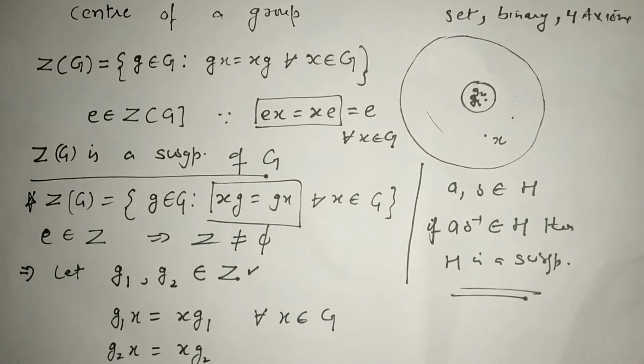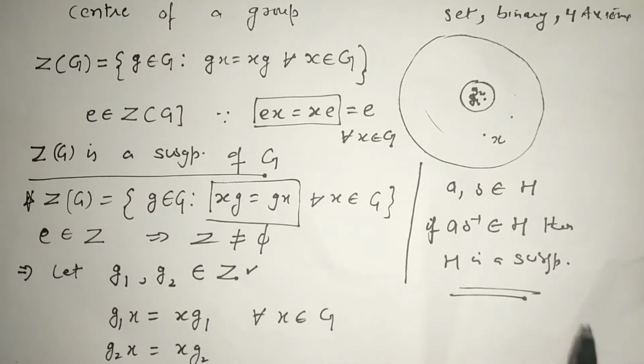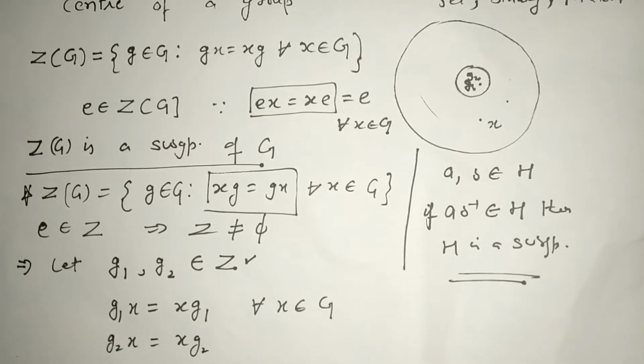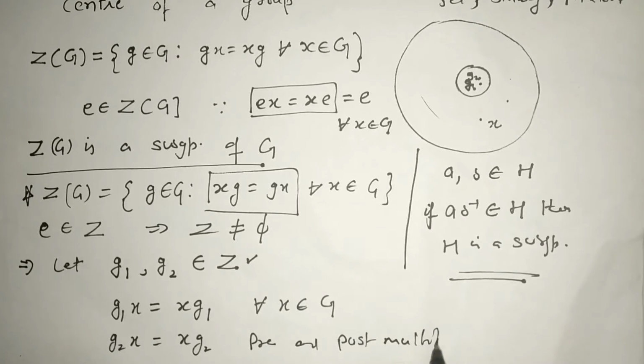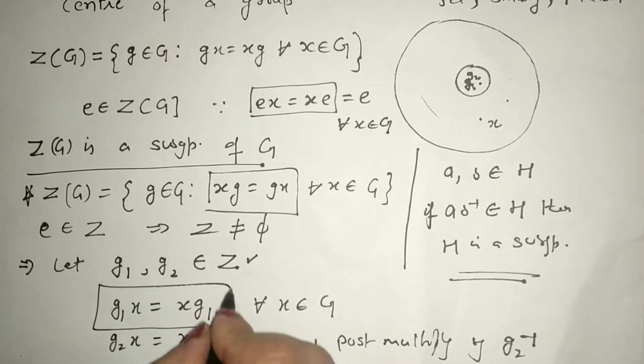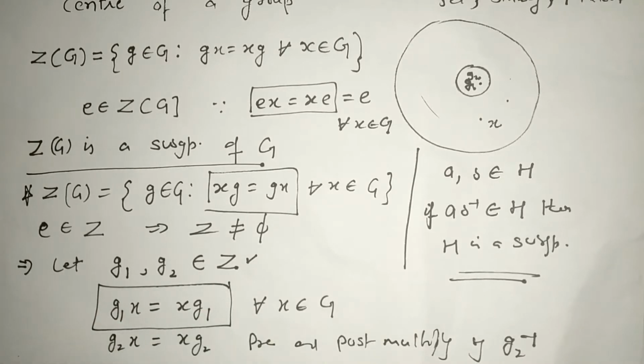Now what you have to do is pre and post multiply this term by g2 inverse. This term we keep the same, and here we have to multiply it. Why we multiply, I will tell you later.